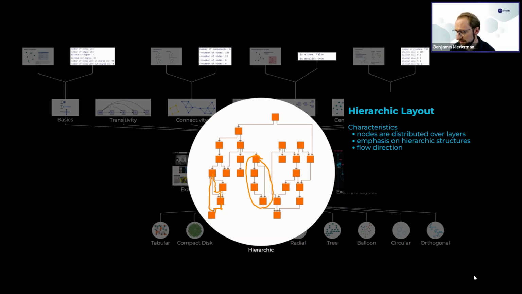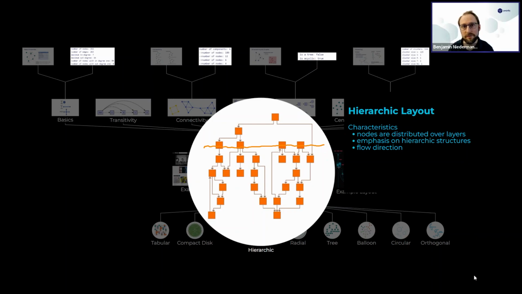The next nice feature of this layout is that it also allows to introduce constraints in a different way. So for example, what you could say is, and actually can do this with our algorithms, you can configure them like this, that you, for example, can say, okay, I would like to have all these nodes here on a common line.